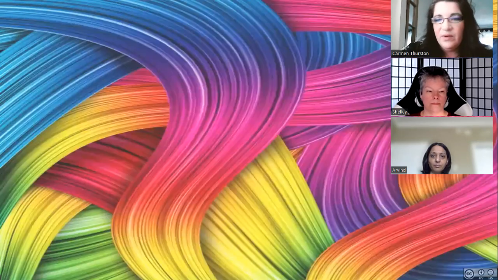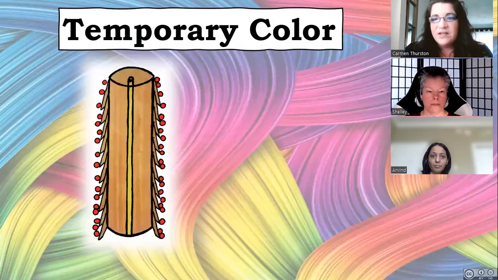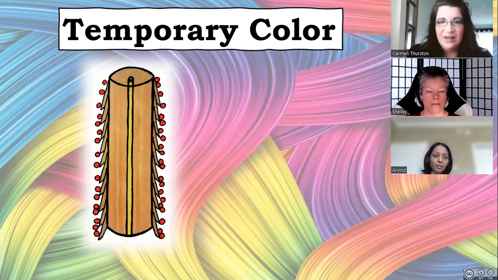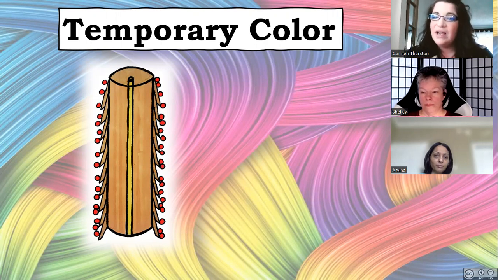So we're going to start with temporary hair color. This is the hair strand here, and this is how temporary hair color sits on the hair. As you can see, the little color molecules are sitting on the very outside of the hair strand. Temporary hair colors we find in a lot of our pigmented shampoos and styling gels.